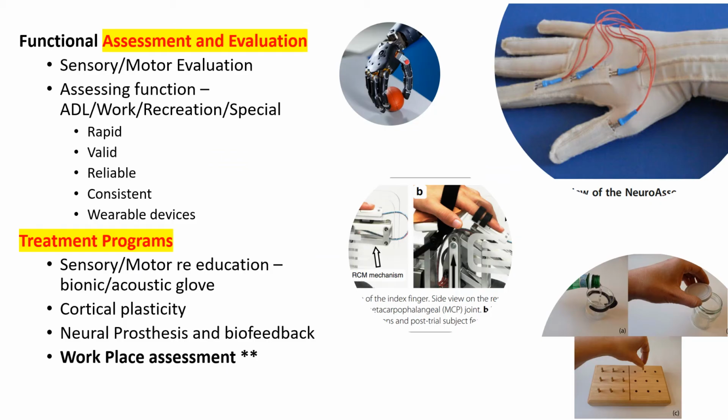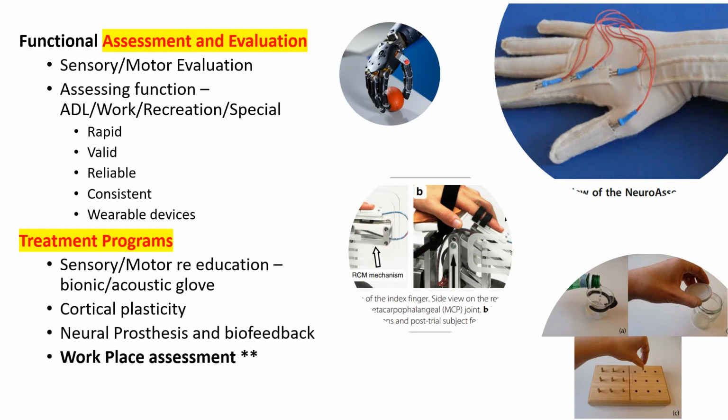In detail, the functional assessment and evaluation of the individual can be assisted by the robot through the evaluation of motor and sensory function to a certain extent. It can assess function in terms of activities of daily living, work or recreation.